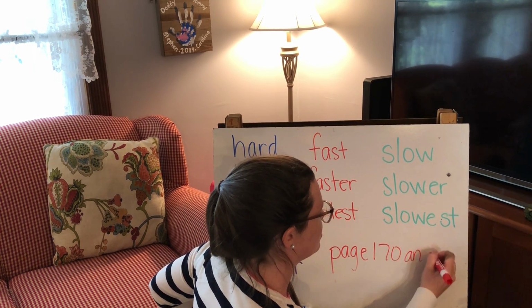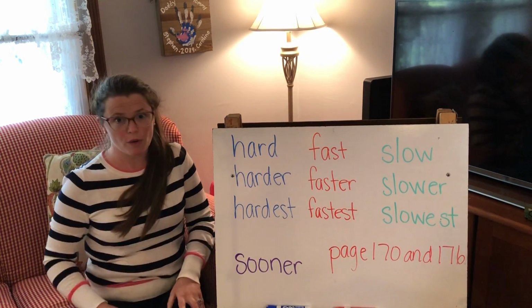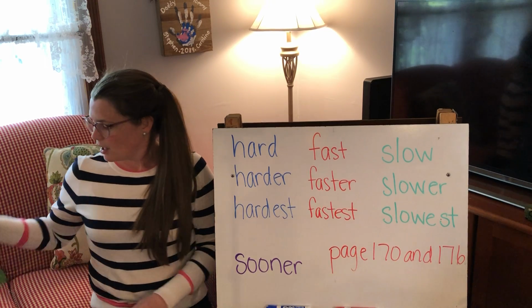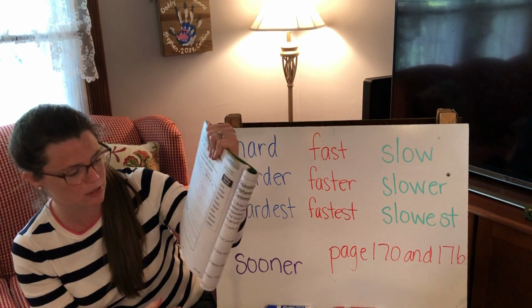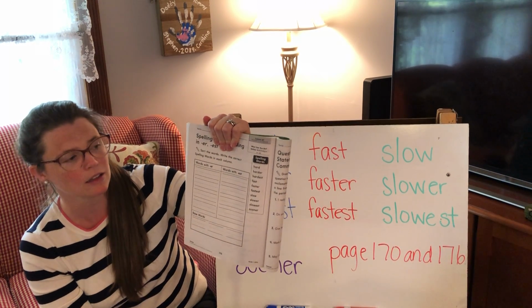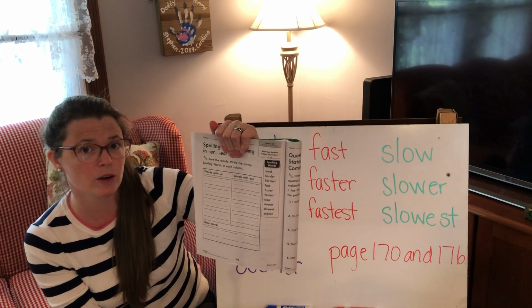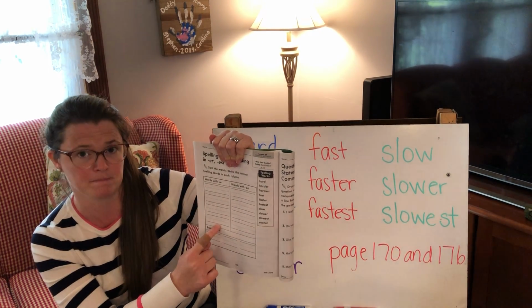Okay, so today you are going to be working on page 170 and 176. And let me just go over them really quick. So on this page, this is page 170, you have a couple columns here. All of the words that end with er are going to go in this column.